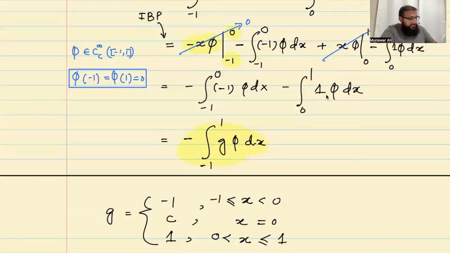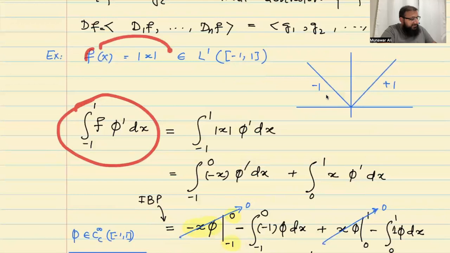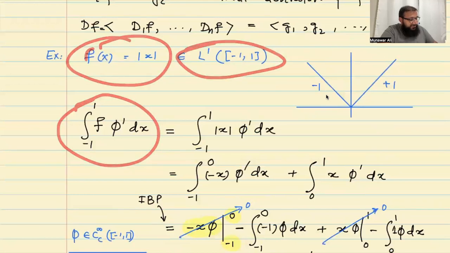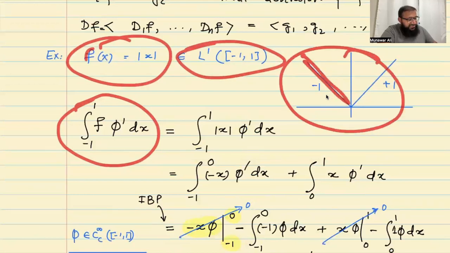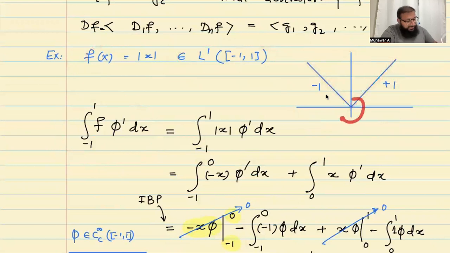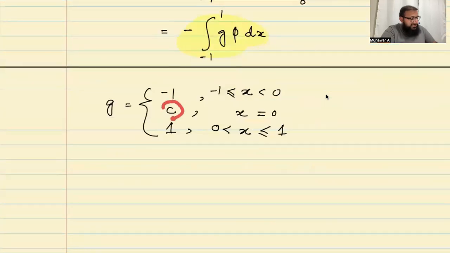So if I have this function mod of x, which looks like this, you know very well its slope here is -1, here is +1. That's a classical derivative. But the problem is, what is the derivative at 0? You cannot say the derivative at 0 is c. But in the weak sense, you can say that the derivative of f is this function g, and g is defined in this way. From -1 to 0, it's -1, and so on.